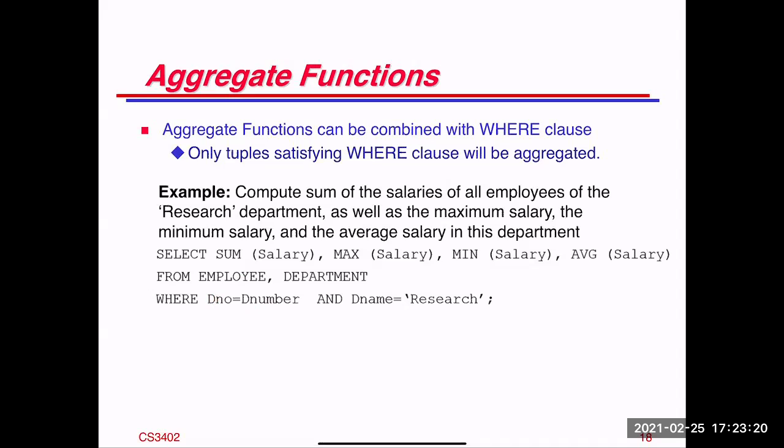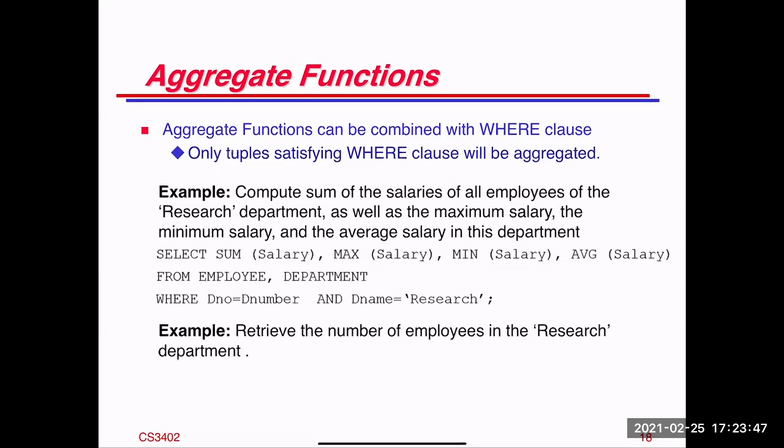Well, it just joins these two tables. So I want to associate the tuples from employee and department that have the same department number. And we're going to filter out all the tuples where the dname attribute is not equal to research, because we're only interested in the research department.